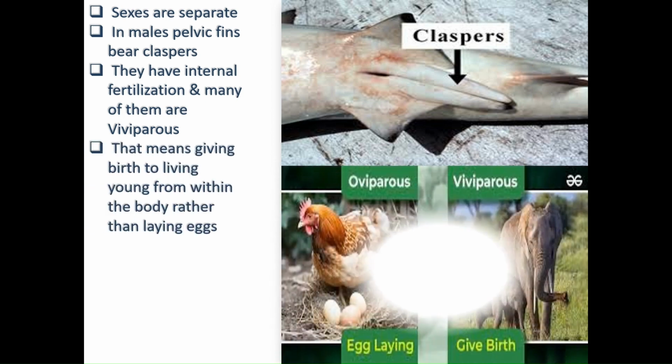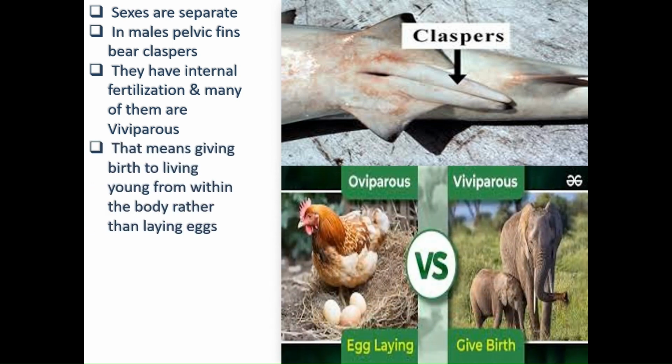What is viviparous? That means giving birth to living young within their body rather than laying eggs. So, all the mammals are viviparous, like us, or other mammals, like tigers, elephants. They give birth to young ones.